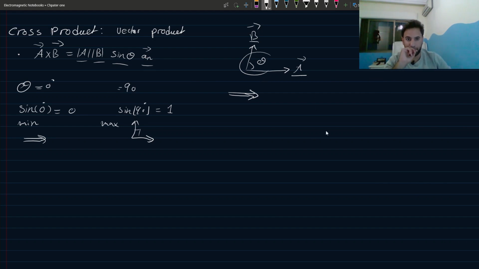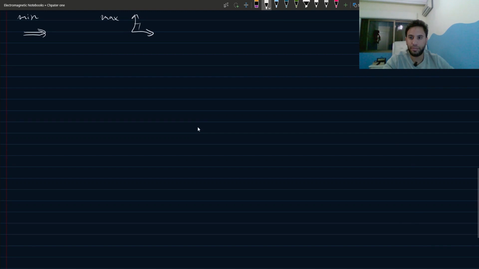Let's explain that. Let's say you have a vector on the x-axis, y-axis plane. Let's call this vector A. And you have another vector on the x-axis, y-axis plane, and you want to cross multiply them together.